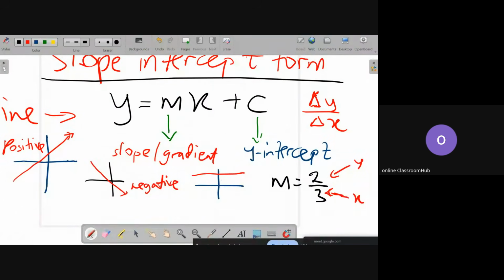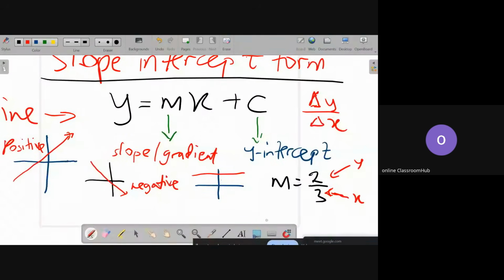Listen again. Your starting point is the y-intercept, the c. Stand over there and move 2 steps upwards because the 2 is positive. Then you move 3 steps to the right on the x-axis.